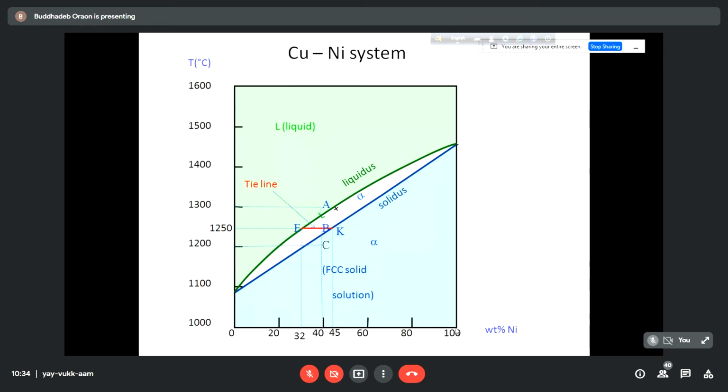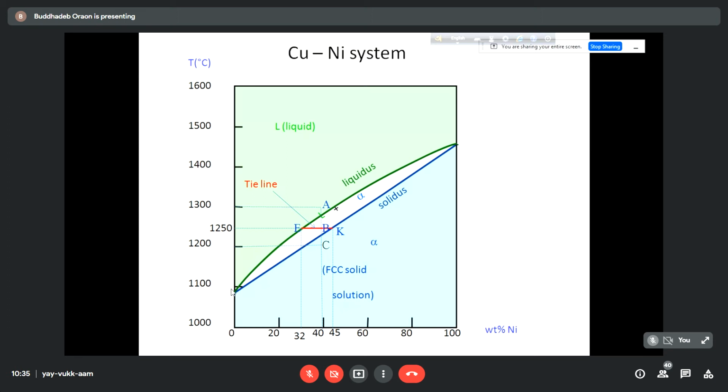On the other hand, this point on the right hand side indicates the melting point of pure nickel. Now, if you mix nickel and copper, you will get different mixtures with different compositions, and their melting points and compositions will vary something like this.